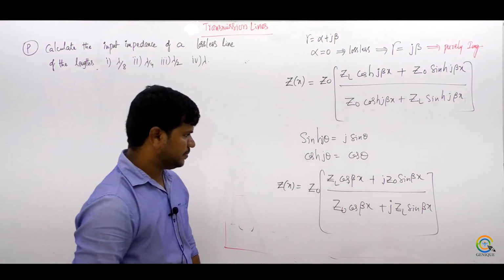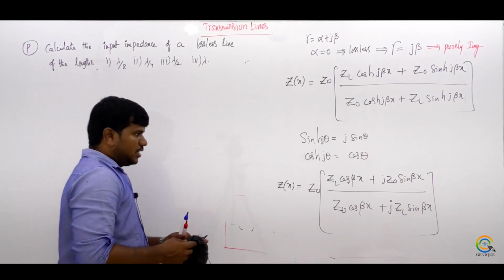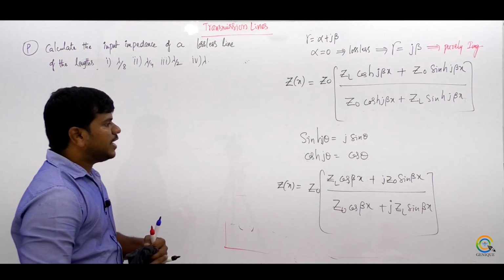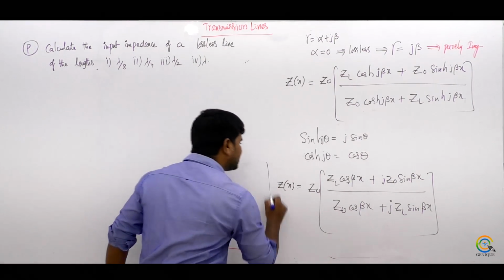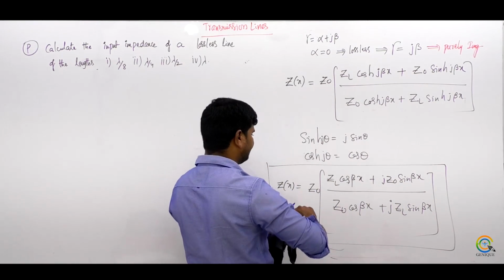So this is z of any x for a lossless line.